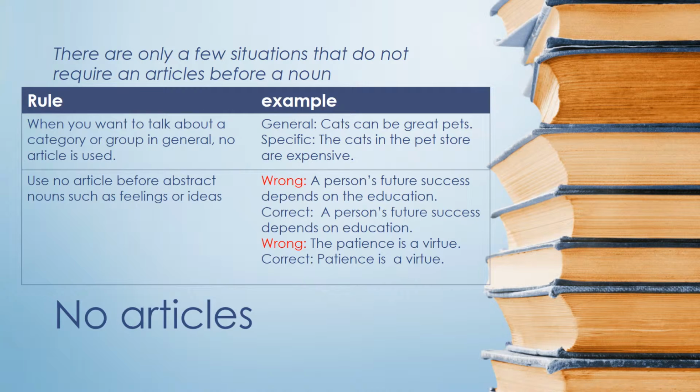So we don't need to have the in front. The correct way of saying it is a person's future success depends on education. And another abstract noun is virtue. The patience is a virtue. That's an abstract noun, so we don't say the patience. We correct that by saying patience is a virtue.